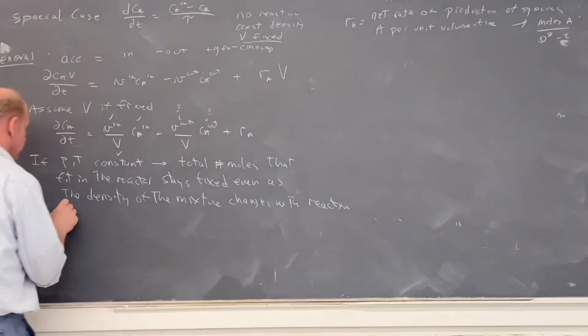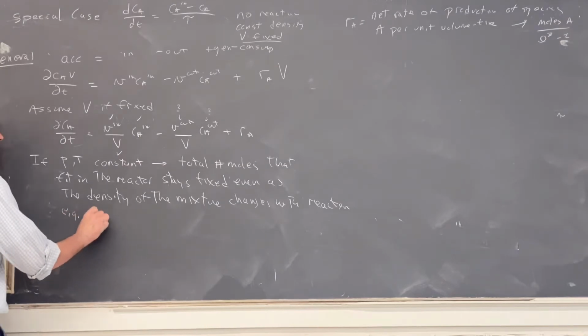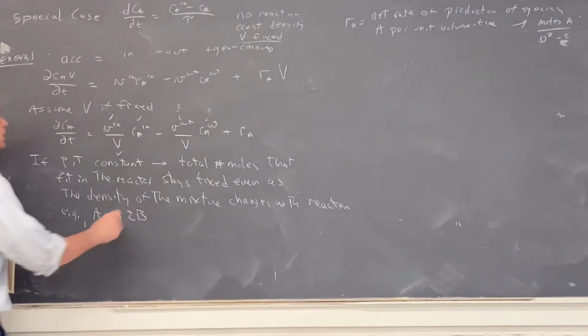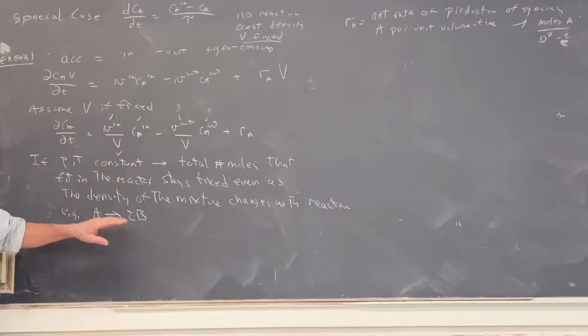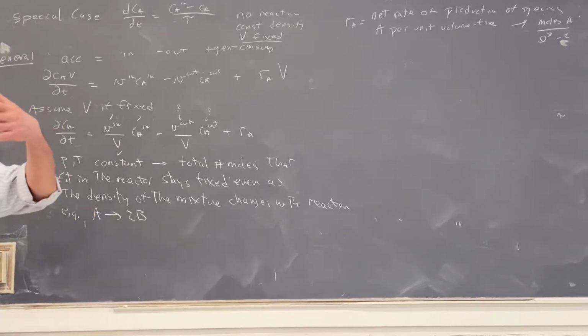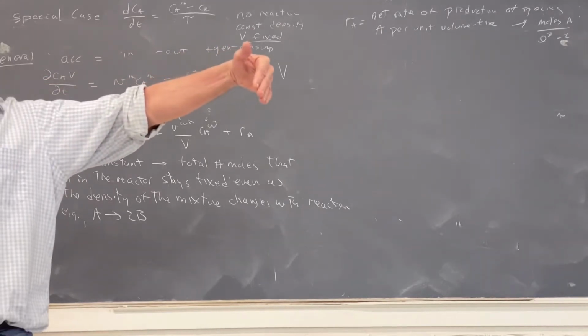So for example, A goes to 2B. If I feed A in, I feed 1 mole per minute of A in. Well, 2 moles, and the reaction proceeds. So I have a mixture of A and B coming out.